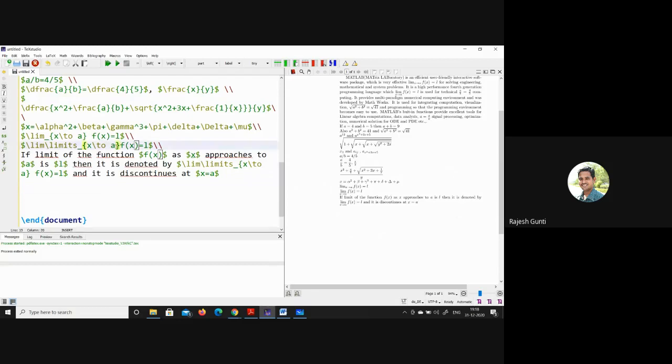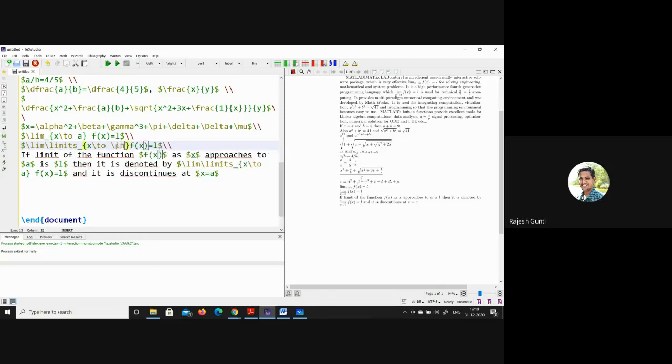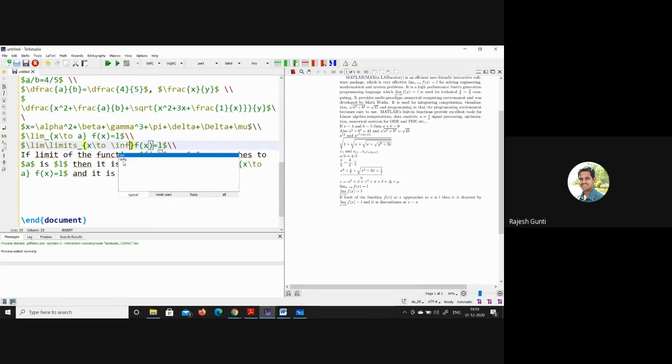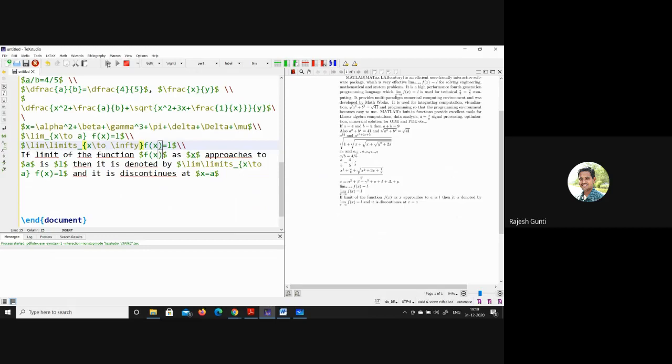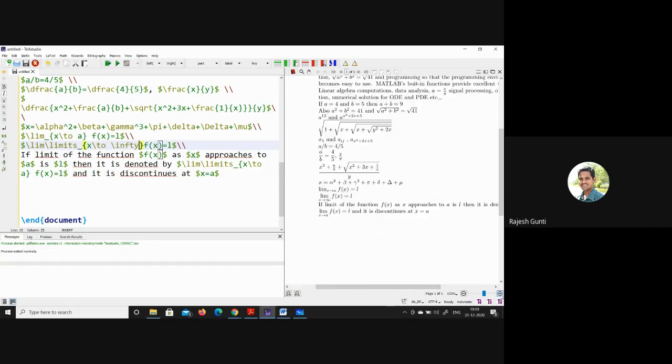For example, x tends to infinity, we give backslash infty. This is the infinity symbol. If you want to get an infinity symbol, we have to type \infty.